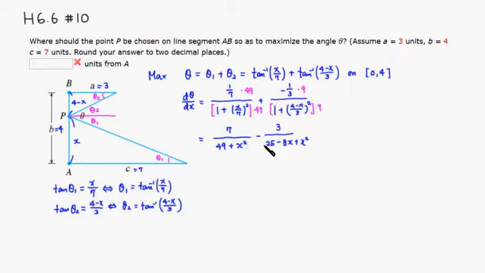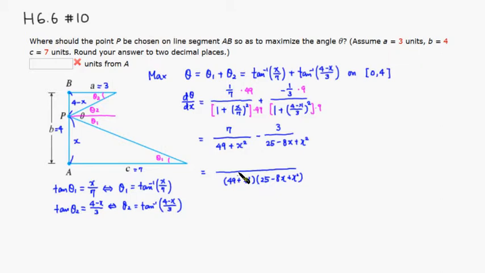Then we can take the common denominator, so I'll just multiply the denominators together: 49 plus x squared times 25 minus 8x plus x squared.